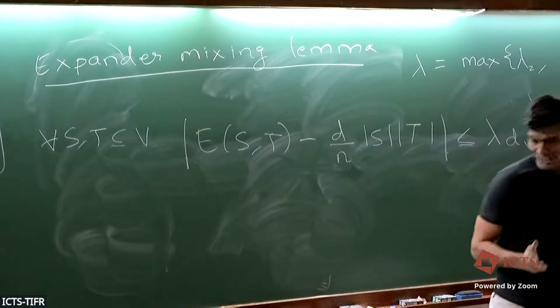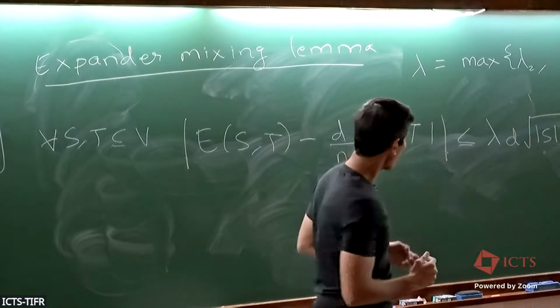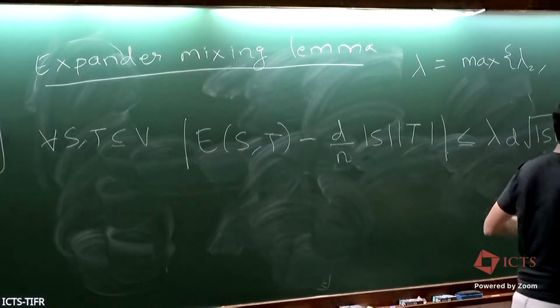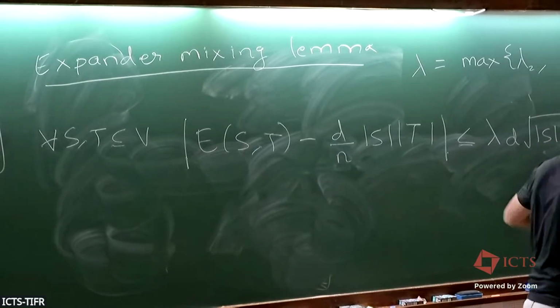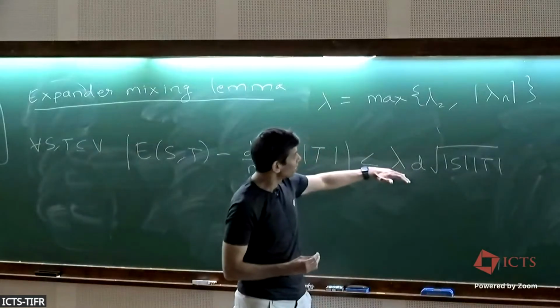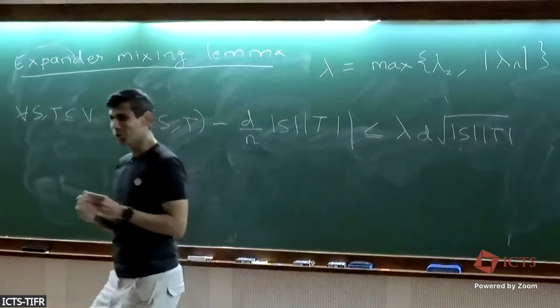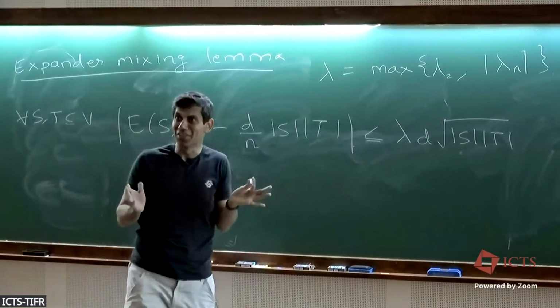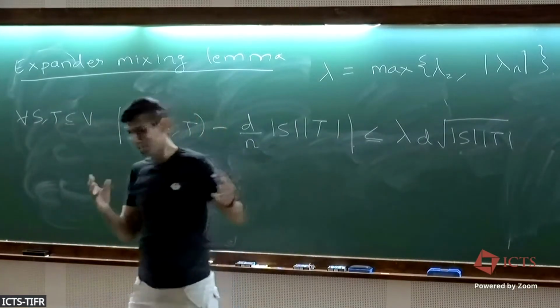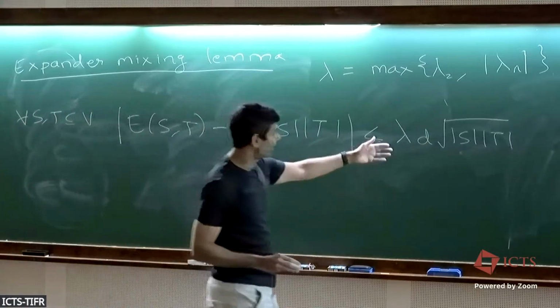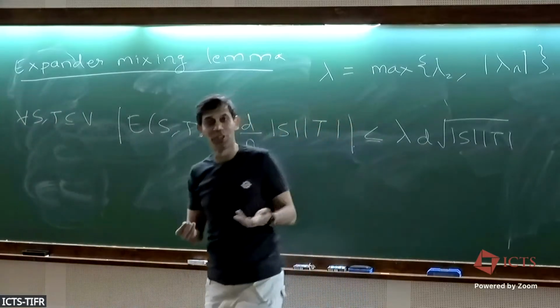By the way, I've been using these definitions of expansion where lambda is really small. I haven't told you that these graphs exist. Maybe if I prove a lot of properties and it turns out that no graph exists with lambda less than 0.1, then maybe you'll not talk to me for the rest of the week.